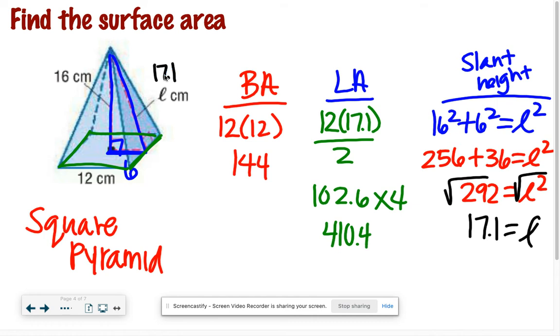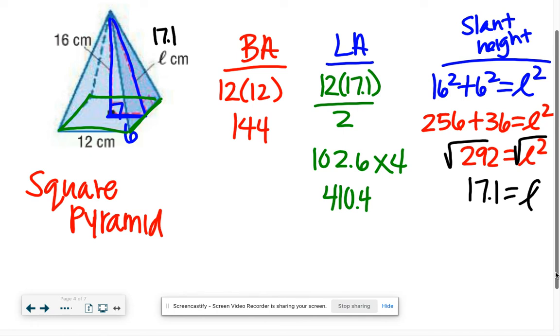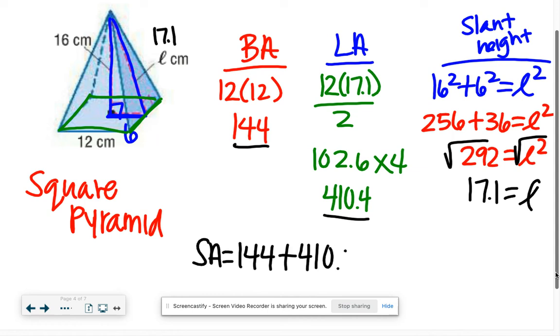410.4. So now our total surface area: add up our base area and our lateral area, and we should get 554.4 centimeters squared.